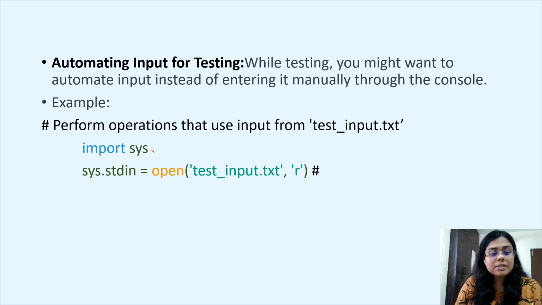Here, importing sys, we open the test_input.txt in read mode, and then we use sys.stdin to input all the values in the test as inputs to check the whole program.